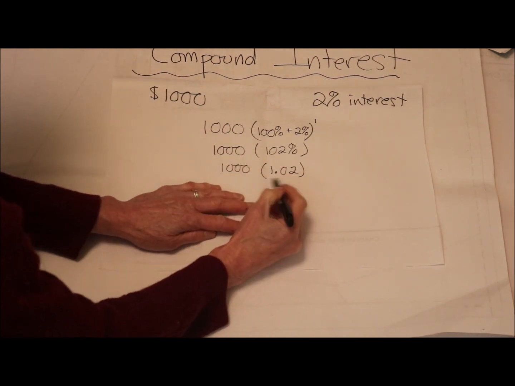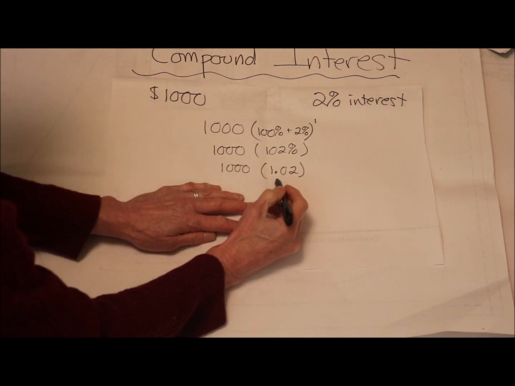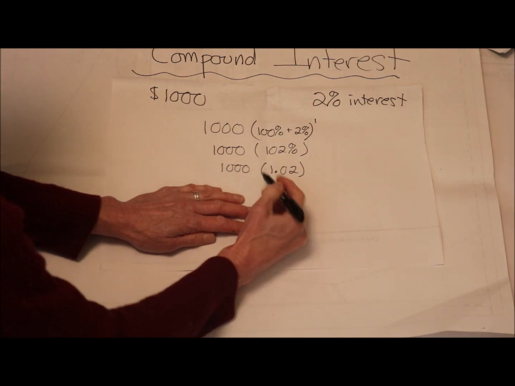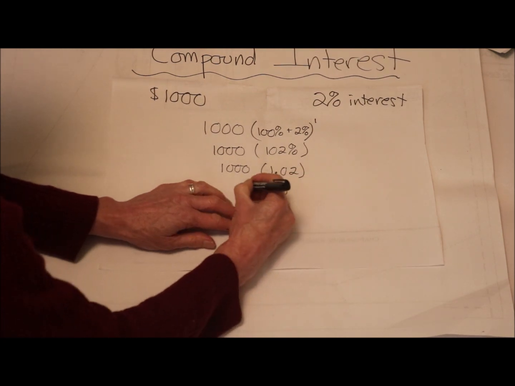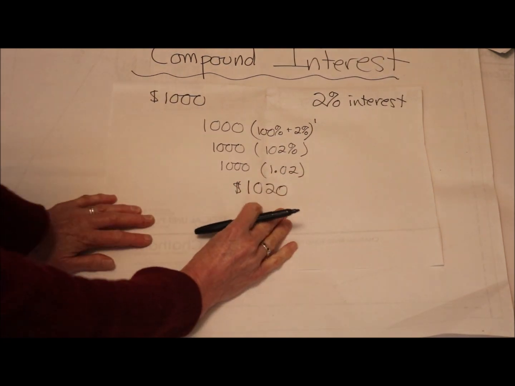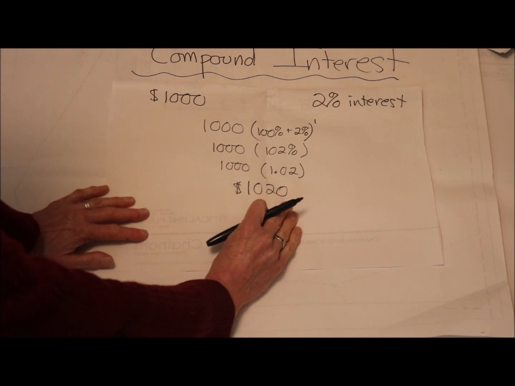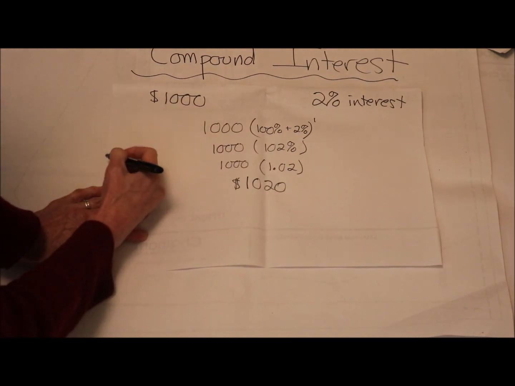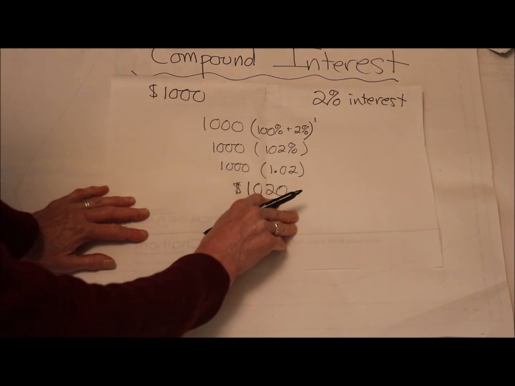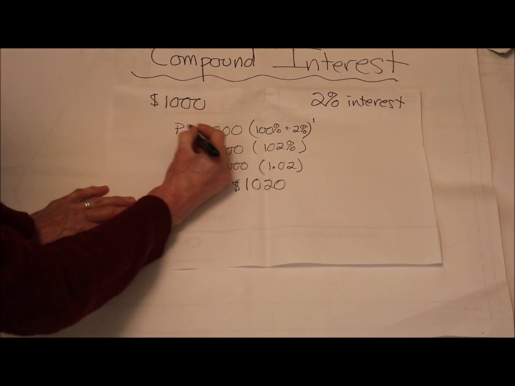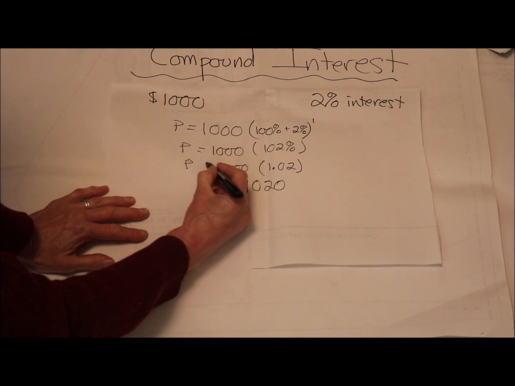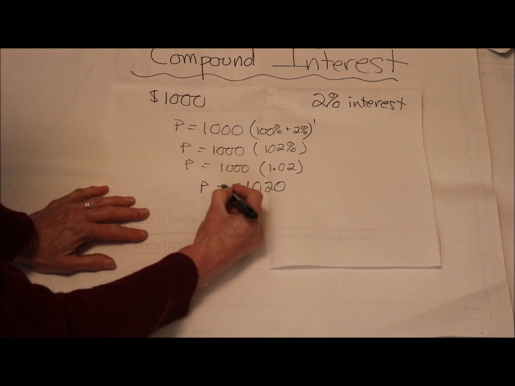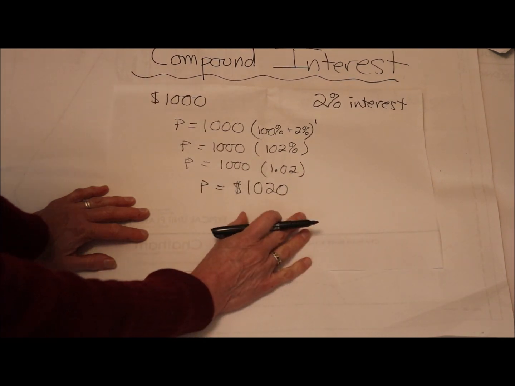And you can try to figure this out in your head. I bet you can, or you can do it in a calculator. And that's basically going to earn us $20 in interest, which means my principal, the amount I would have in my bank at the end of 1 year, would be $1,020. Okay? I'm going to say this is equal to P. P is sometimes what we use here for my principal, how much money I have in the bank.